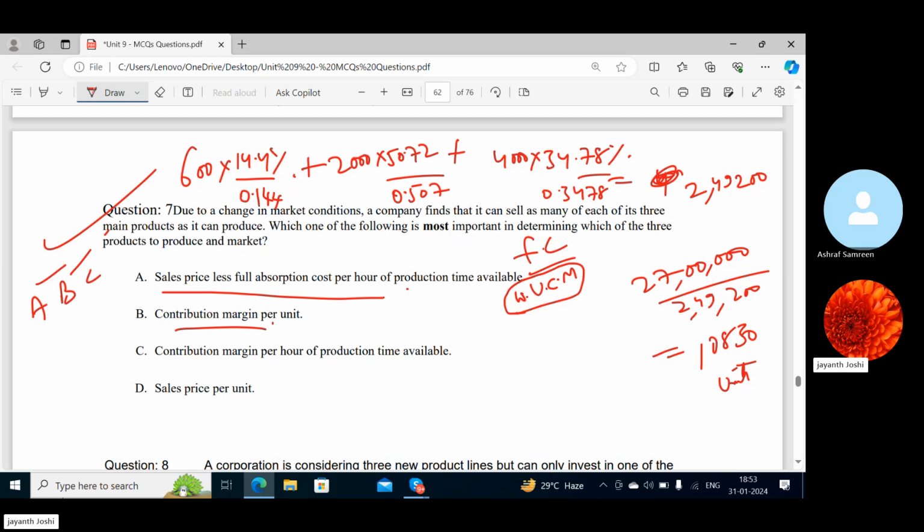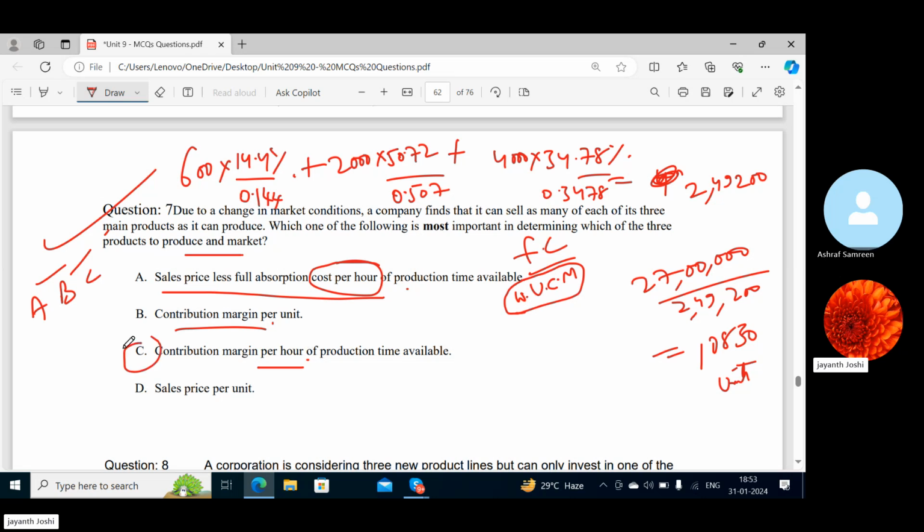The company finds that it can sell as many of each of its three main products as it can produce. Which of the following is most important? Which of the three products to produce and market? The question is not giving us a maximum figure, but as they are asking about cost per hour and contribution margin per hour, in that one hour, whatever scarce resource they have, if they are able to generate a higher contribution margin taking that into consideration, that product we will be selecting.